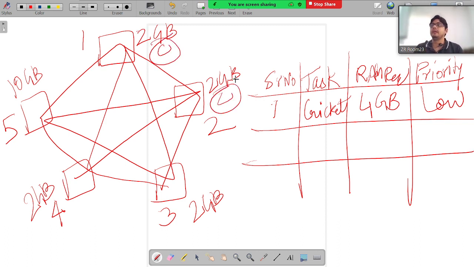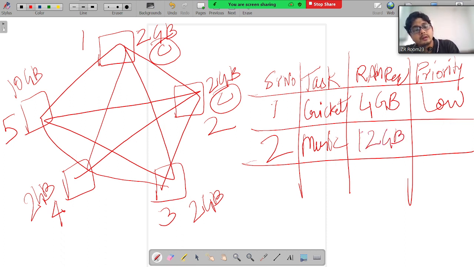4 GB occupied. Now I decided to turn on music. So second task is music. Music requires total 12 GB. Is music low priority or high priority for the company?